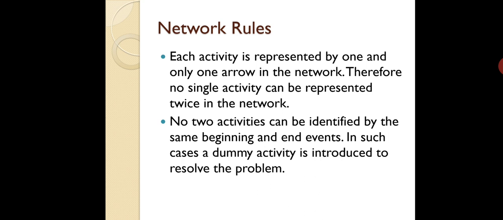If the beginning is the same, their end should be different, and if the end is the same, their beginning should be different. If two activities have the same beginning and end, we have to introduce the concept of a dummy to resolve the problem. Otherwise, as per the network rules, this is not allowed.